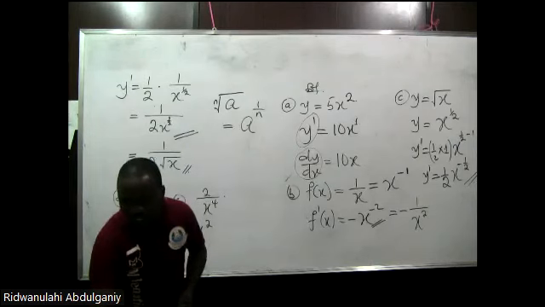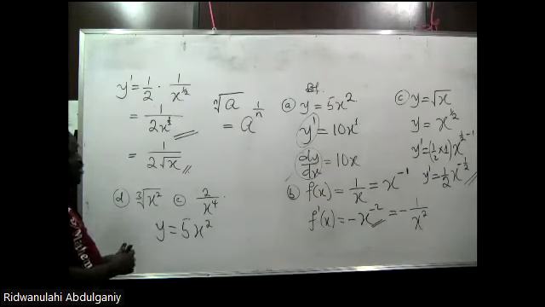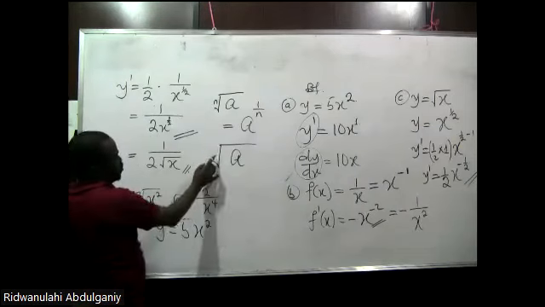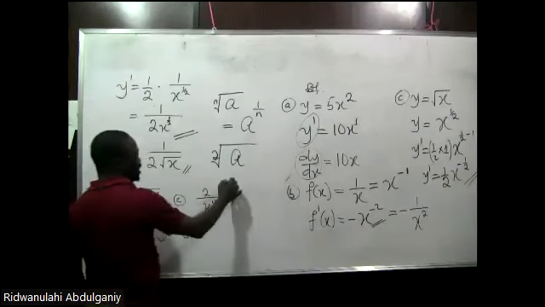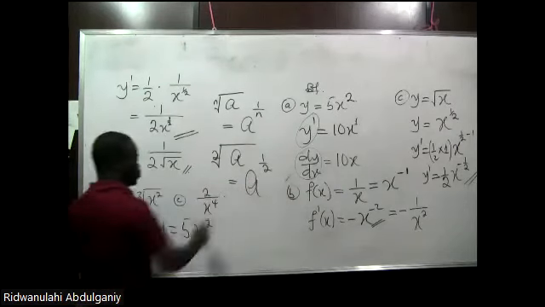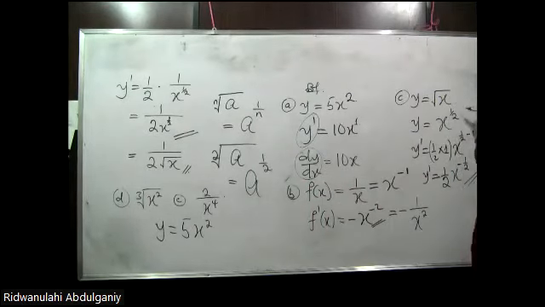Now, in the case of square roots, it is always believed that the number we have here is 2, so that the answer will now become a^(1/2). And that's the reason why square root of x becomes x raised to the power 1/2. So we just apply the law of indices at this point.